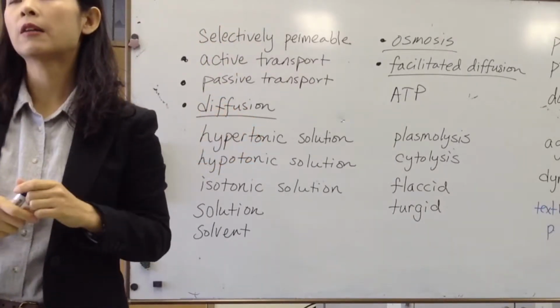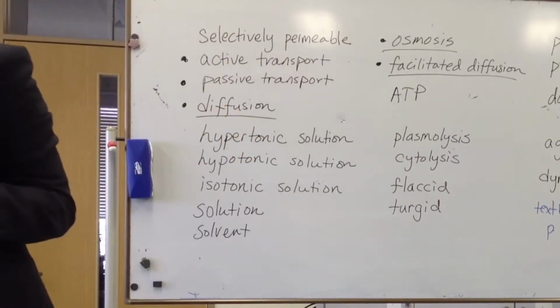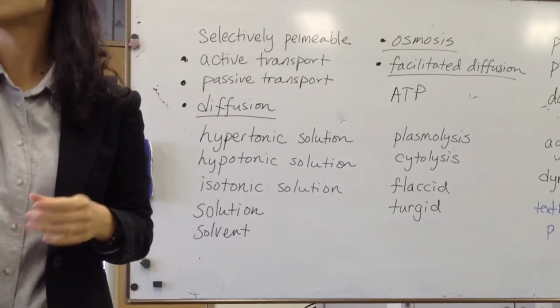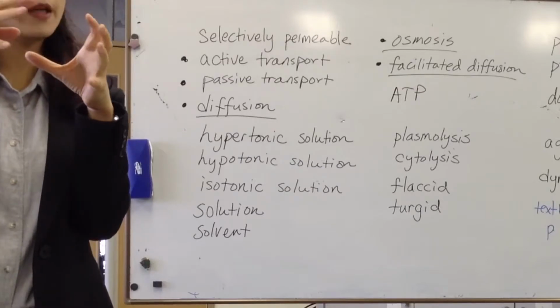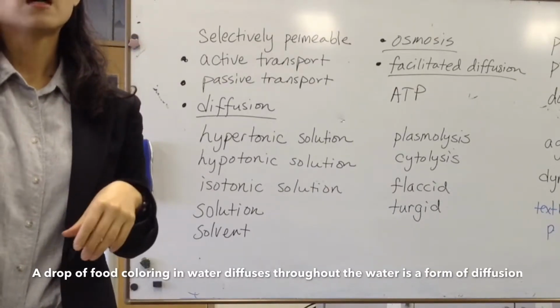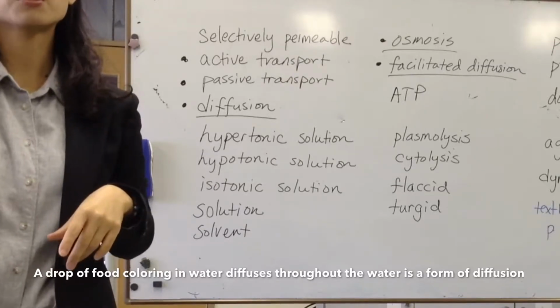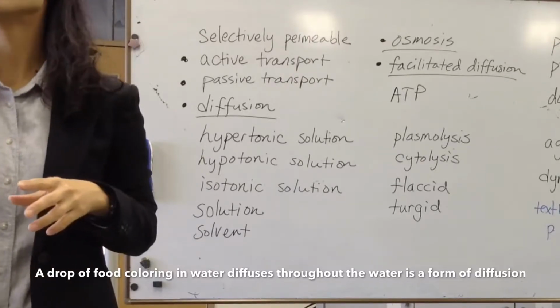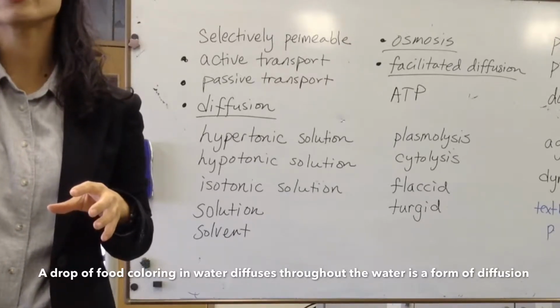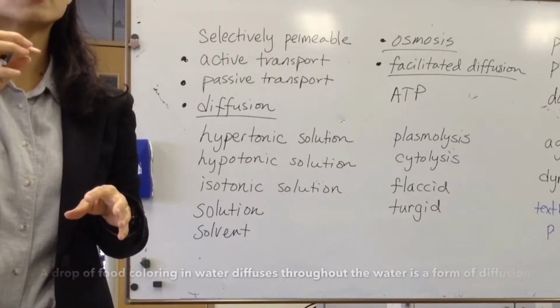Okay, so give me another example of diffusion. Yeah, I like that. If you put food coloring in the water, the dye spreads throughout. Can you tell me about the high concentration to low concentration? Diffusion always involves moving things from high concentration to an area of low concentration.